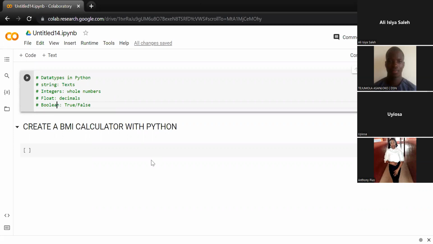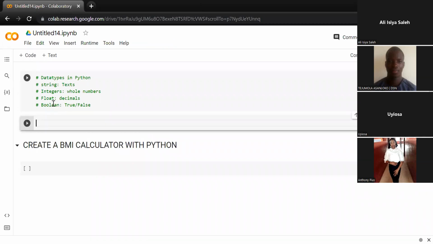So I said we also have variables. Let me just create another line of code. Variables are those, let me call them containers, where we store a data set.